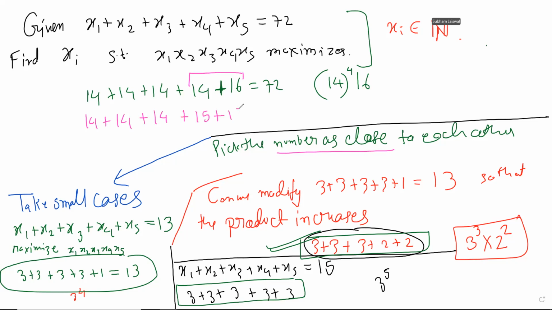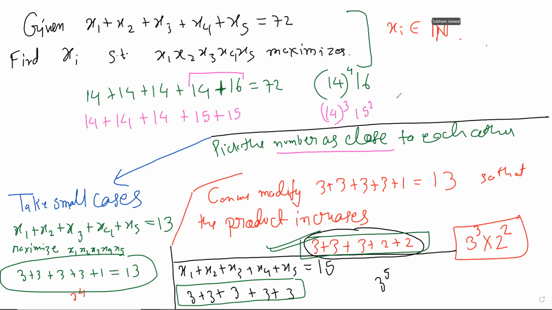So 15, 15. So maybe this is better. Certainly by our philosophy, by our rule, the lower one should be bigger because the numbers are closer to each other in that sense, right? This difference of 2, 16 minus 14, does not appear. So this should be bigger.